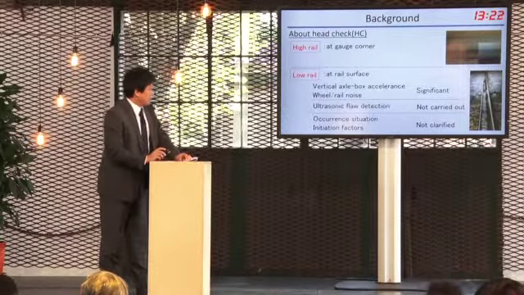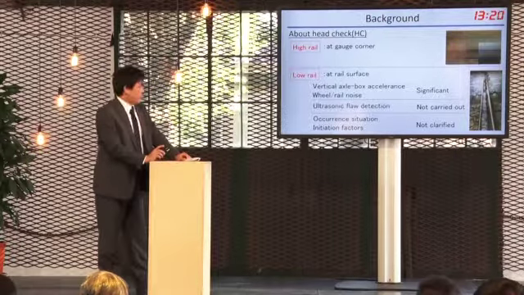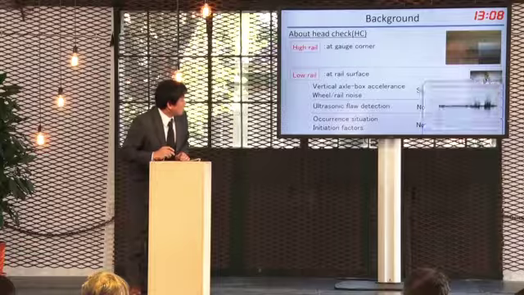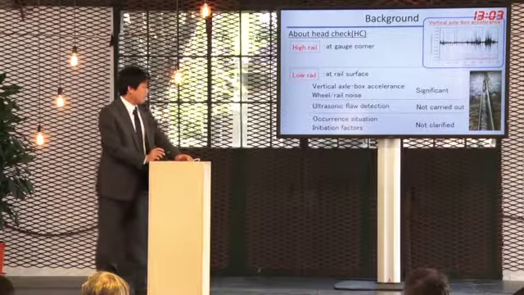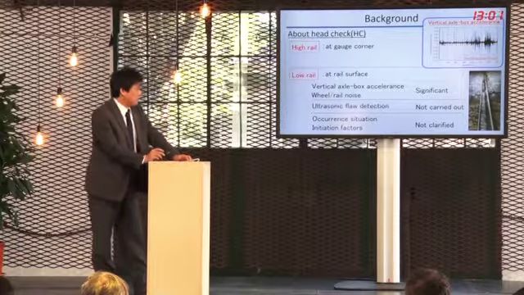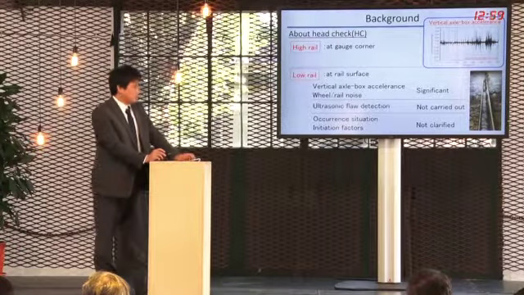But some head check appears at the rail surface of the low rail in several networks in Japan. At these sites, vertical box accelerance and wheel and rail noise become significant. Furthermore, ultrasonic flaw detection cannot be carried out in these sections.